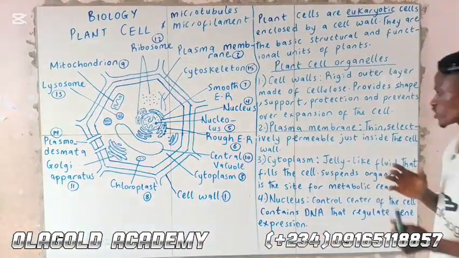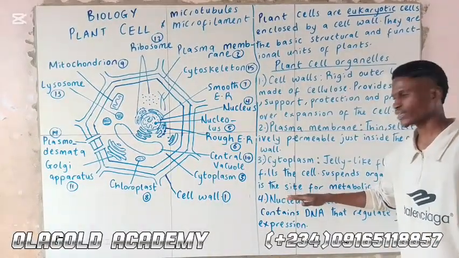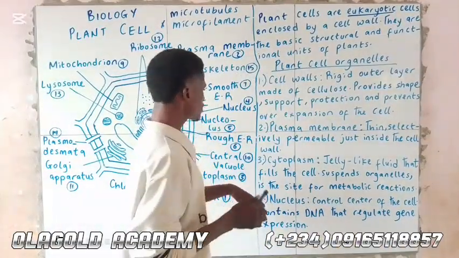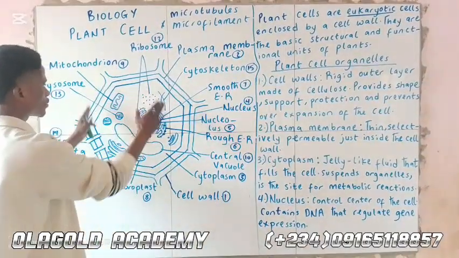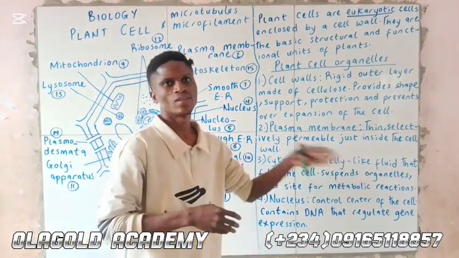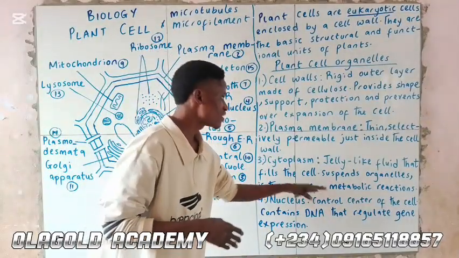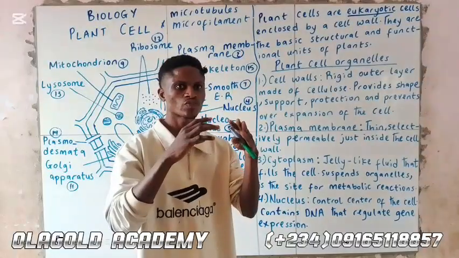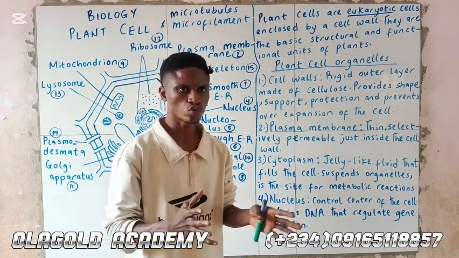Alright, we also said that it is a site for metabolic reaction. This cytoplasm is a site for metabolic reaction. Now, if we say metabolic reaction, it has to do with the building up and the breaking down of molecules.